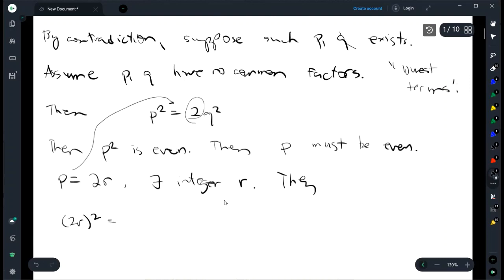That's the square of 2R equals 2Q squared. And simplifying that one or expanding that one, that's 4R squared equals 2Q squared, or we have Q squared equals 2 times R squared.